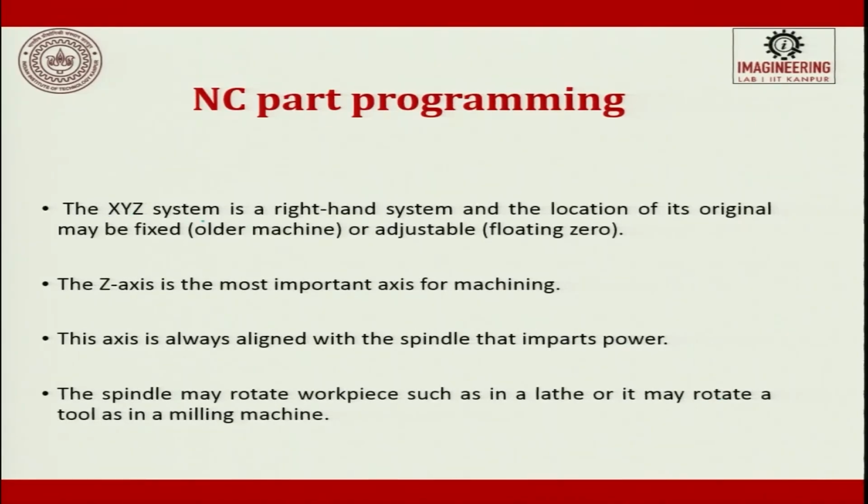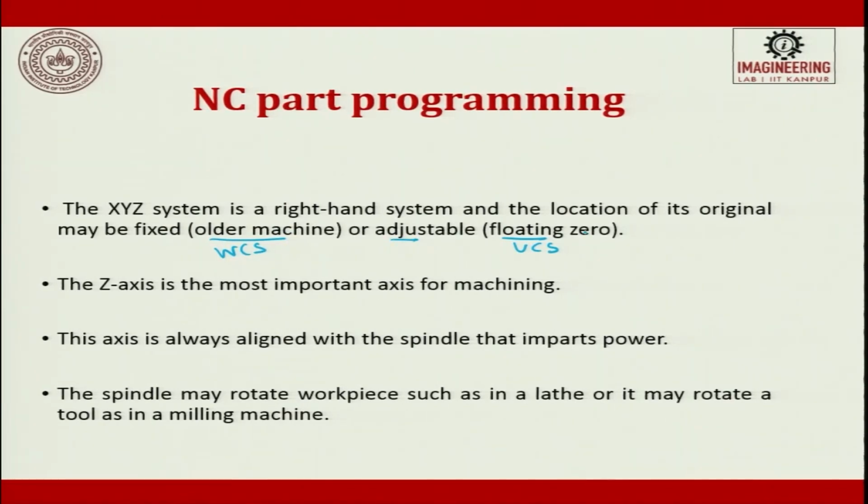The XYZ system is a right hand system and the location of its origin may be fixed or adjustable. So this is what I said, world coordinate system or user coordinate system. In old CNC machines it is a fixed one, or we call it adjustable, which is floating zero.